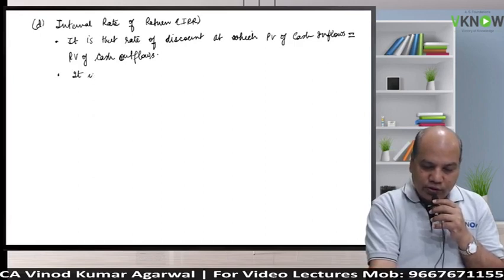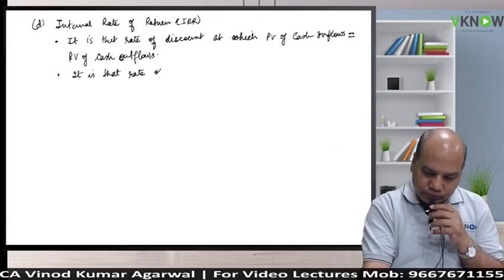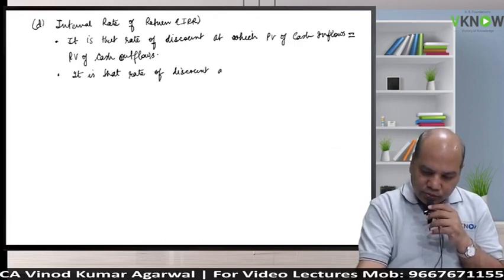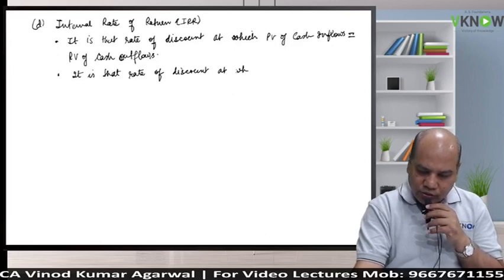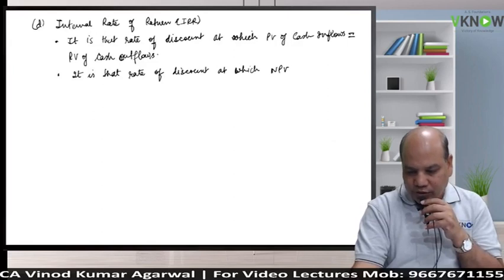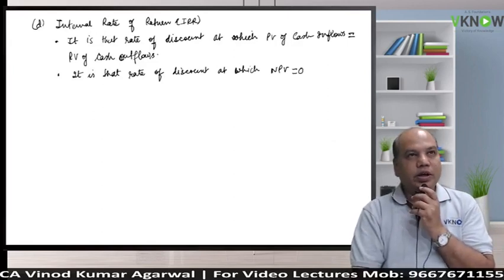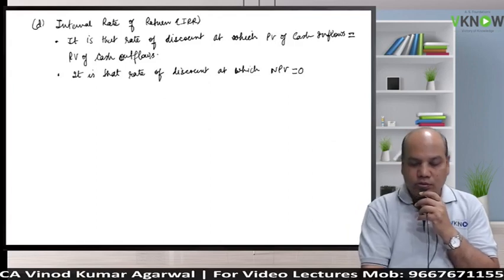You can say it is that rate of discount at which NPV is equal to 0.